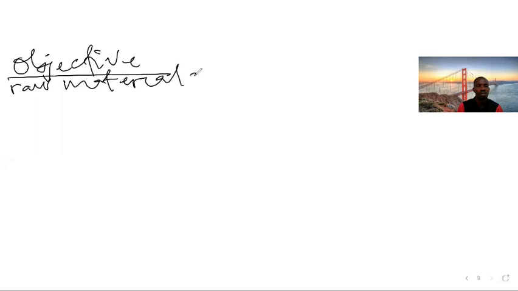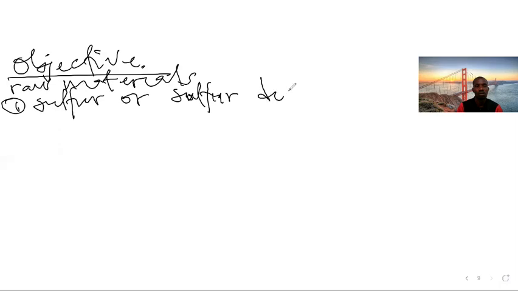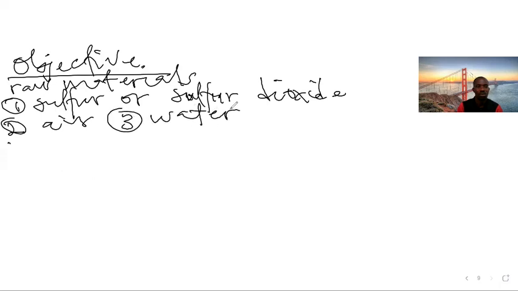What are the raw materials for the contact process? You need sulfur or sulfur dioxide. Okay, then you need air. You also need water.